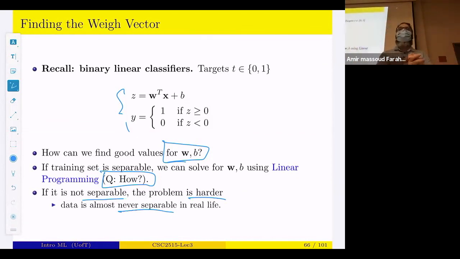We want to find a line that minimizes the squared error, because squared error is a reasonable thing. If you have noise, no line would perfectly pass through all the data points in the regression case. And in the classification case, no line or no hyperplane would separate all data points exactly. Some of the data points would be misclassified.